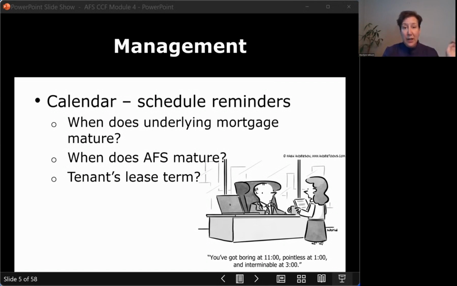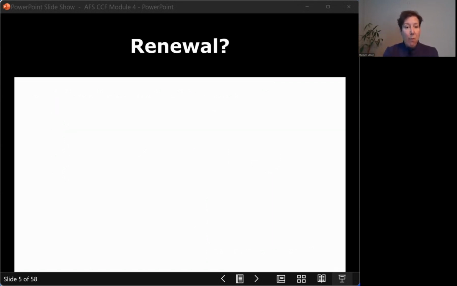So again, your tenant is going to need probably at least 2 months to get their financing approved. So make sure that you have that date set up at least 2 months before your underlying mortgage and agreement for sale mature.